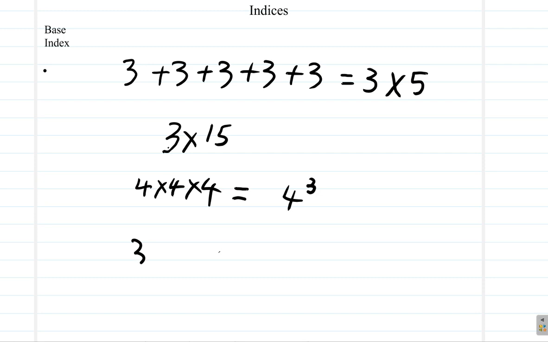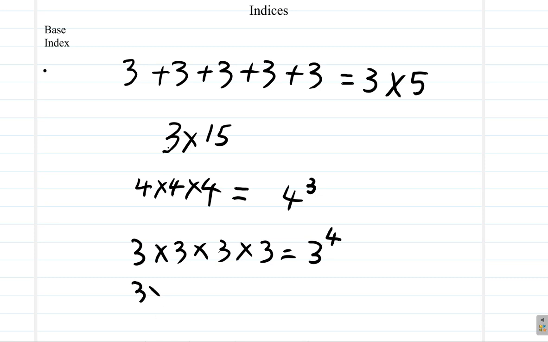If you had 3 multiplied by 3 multiplied by 3 multiplied by 3, you would have 3 repeated. So you write the 3, because there are 4 of them, you write the 4 up here. See that?